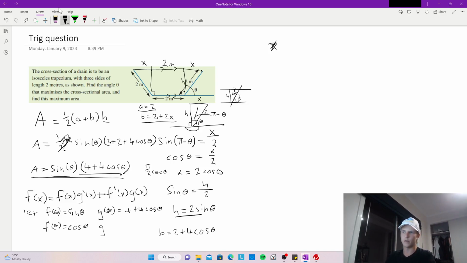And then the derivative of g of theta, which is the derivative of 4 plus 4 cos theta. We know this, the 4 just becomes nothing, but this cos theta becomes negative sine theta, so it'll be negative 4 sine theta, because this cos theta just turns into a negative sine theta, and the 4 stays.